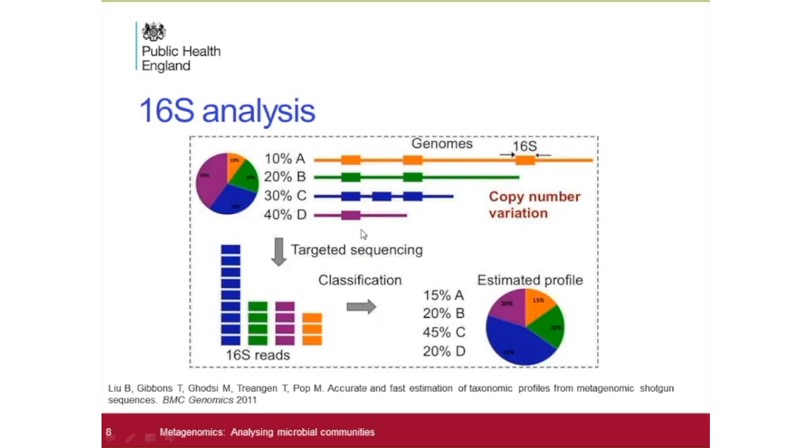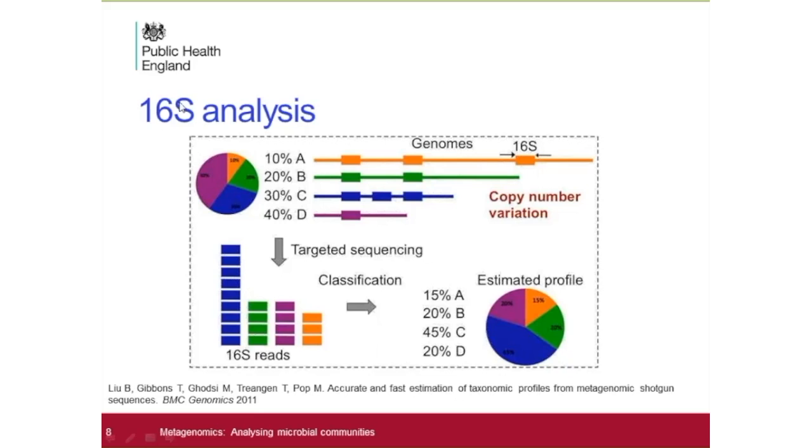Some organisms may have only one copy, such as this purple D here. Another organism might have 3 copies of the 16S, 2 copies, etc. As you can see in the slide, we can have a whole set of organisms that vary in the number of 16S loci within the genome.